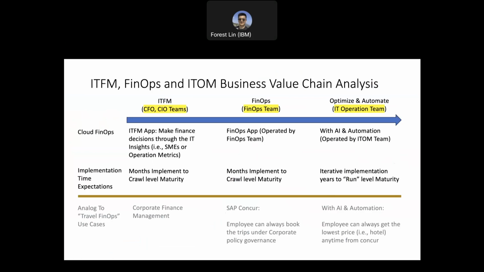As an employee, I can always book the trips under the corporate policy and governance with Concur. And when I do the reimbursement, I also use the SAP Concur. The whole process by default has been governed by the corporate finance management service.